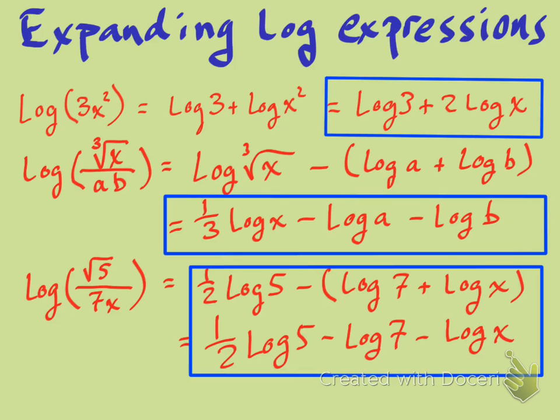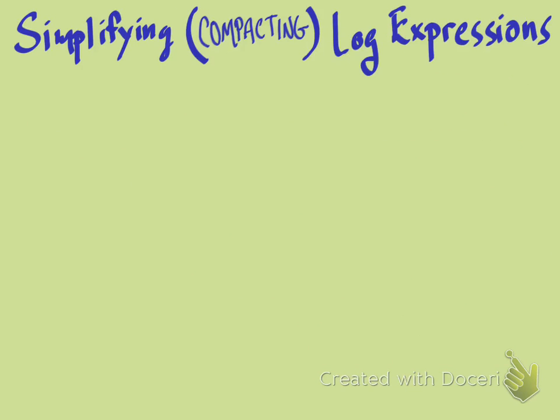All right, well, let's now go the other direction where we're taking log expressions that are like long drawn out things and try to simplify them or compact them into a single log expression. All right, so here's one pretty simple here. Log of 5 plus log of 2 equals log of 5 times 2, log of 10. This is pretty unremarkable in one way, but in another way, this is kind of strange because log of 5 is an irrational number, and so is log of 2.